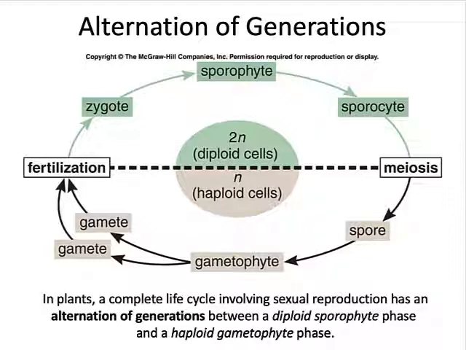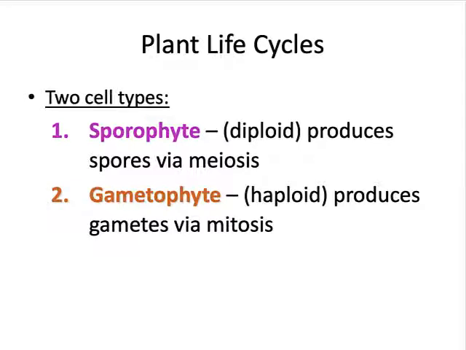We could therefore say that plant life cycles are this relationship between two cell types that ultimately lead to tissues and eventually to organs. The sporophyte generation is composed of diploid cells, and the sporophyte produces spores by meiosis. The gametophyte generation is made up of haploid cells, and the gametophyte produces gametes by mitosis.